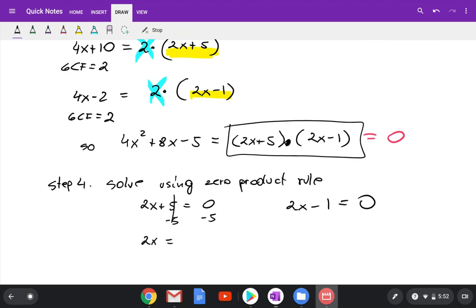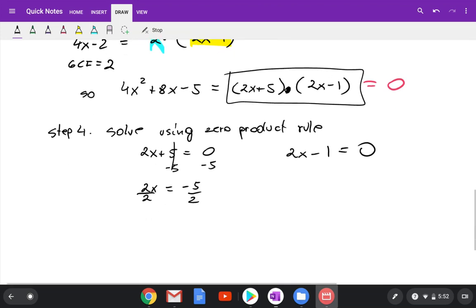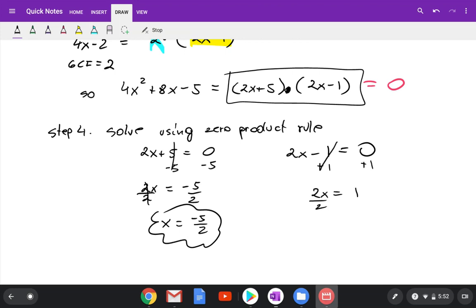We end up with 2x equals negative 5. Divide each by 2, and that will give you x equals negative 5 over 2. That's our first solution. For the second one, we're adding 1 to both sides. We're getting 2x equals 1. Divide each by 2, and you're getting x equals 1/2. That's the second solution.